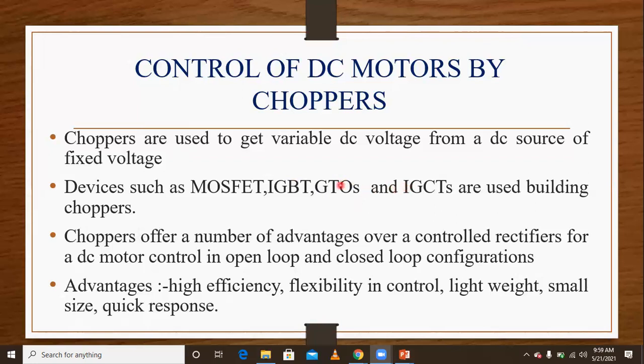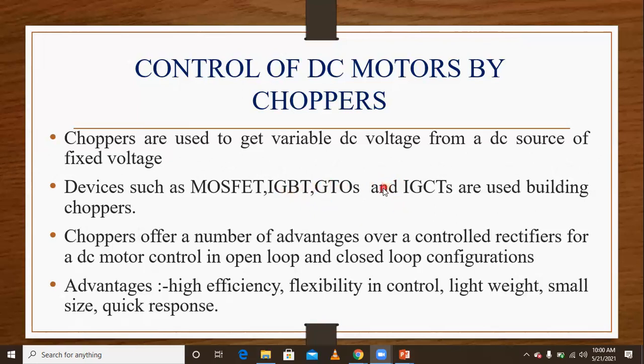These power devices, such as MOSFETs, power transistors, IGBT, GTO, are used for building choppers because they can be commutated by a low power control signal and do not need commutation circuits. They can also be operated at high frequency for the same rating.